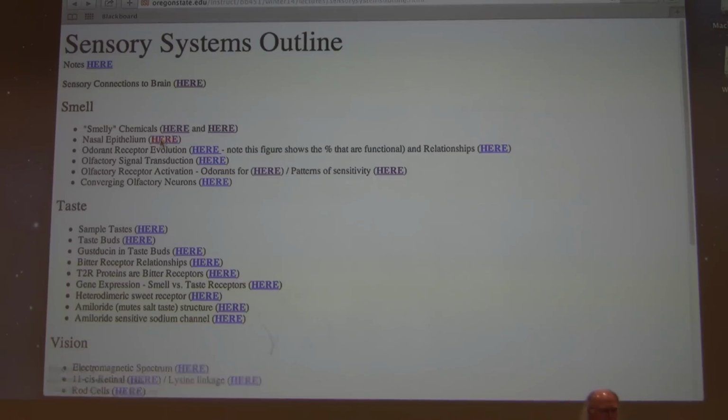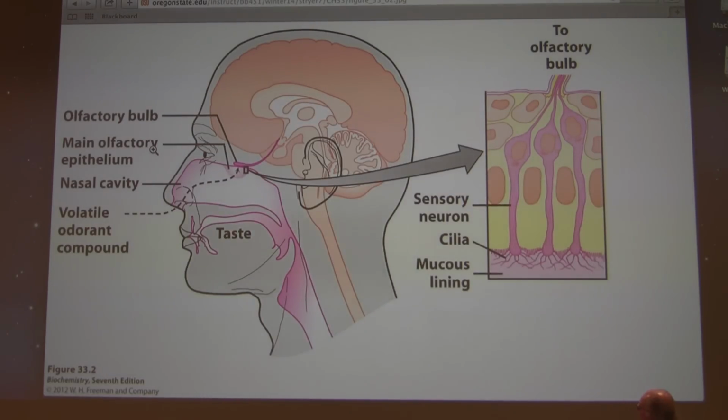Well, the nasal epithelium starts with what are called olfactory bulbs. When we smell something, we basically have to get the smell into our nose and up to these olfactory bulbs. If your nose is clogged, you don't smell well because that chemical isn't traveling well enough to get up to your olfactory bulbs. It's in the olfactory bulbs that these protein receptors exist.